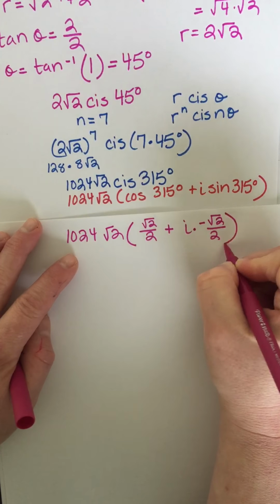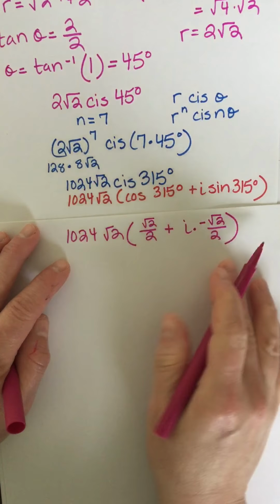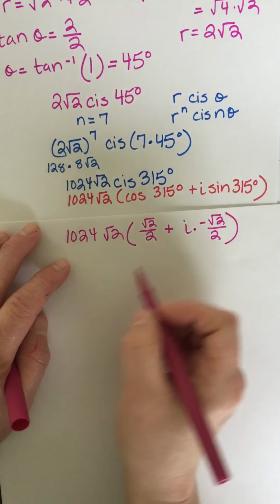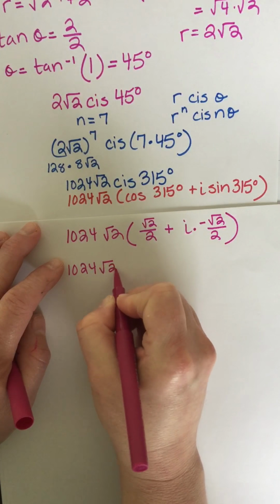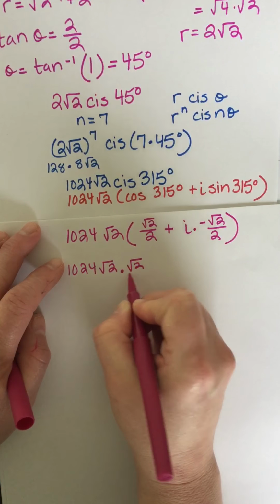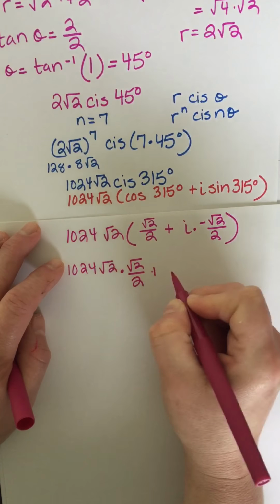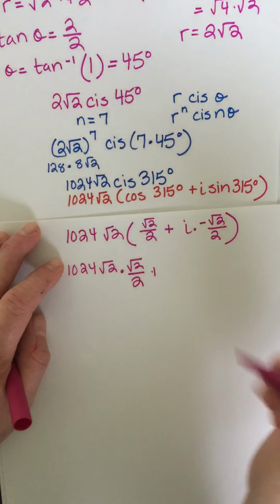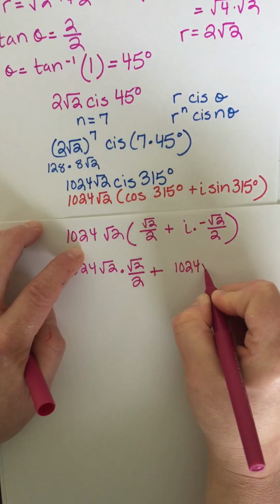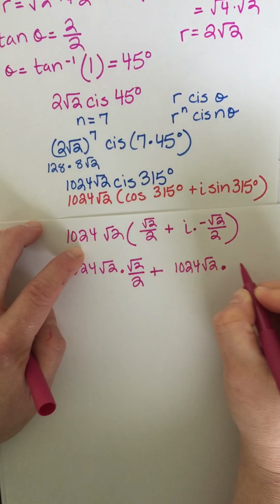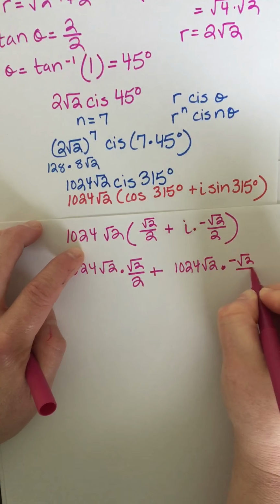When I distribute this, you've got 1,024 square root of 2 times the square root of 2 over 2, plus 1,024 square root of 2 times negative the square root of 2 over 2.